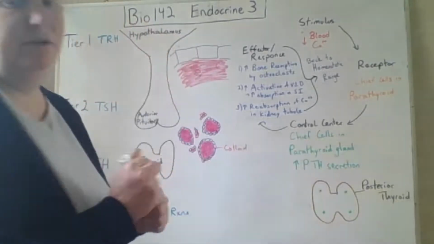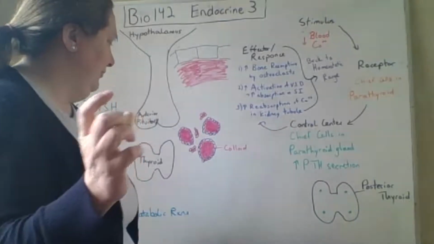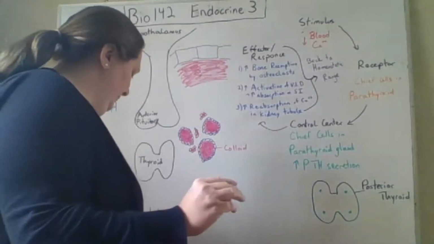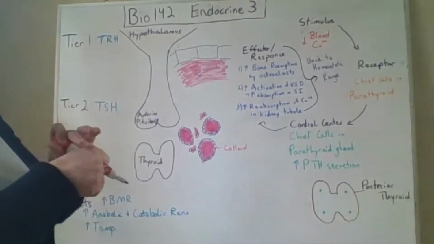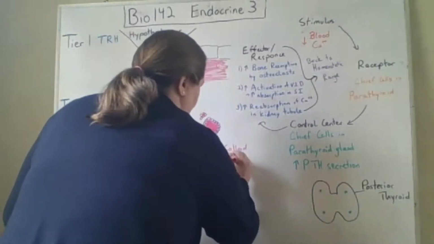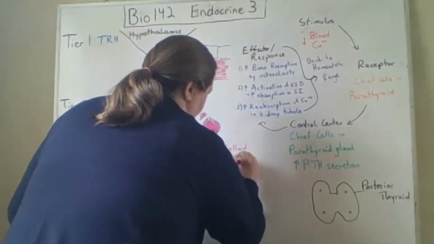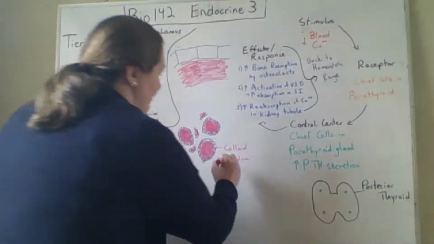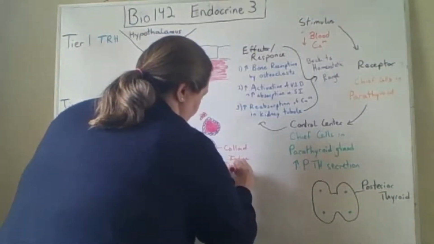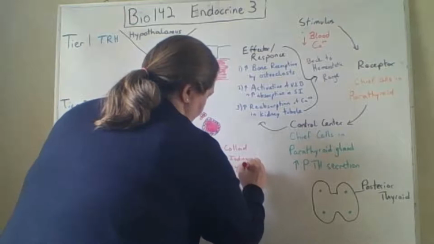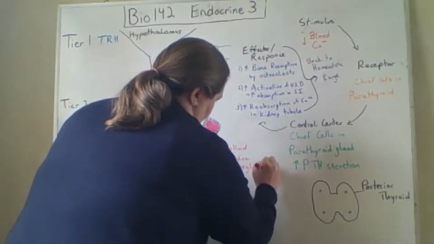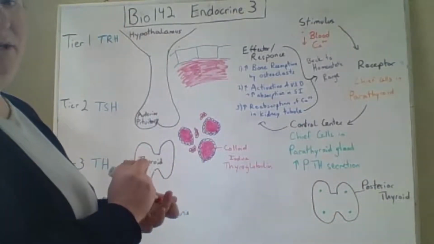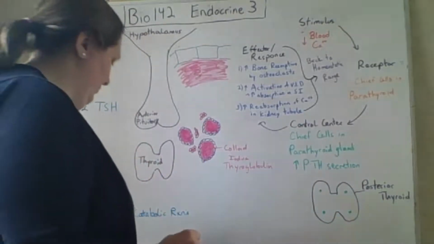This colloid is a protein-rich substance, and it's going to store two very important things: iodine atoms and thyroglobulin. You need both iodine and thyroglobulin to make thyroid hormone.